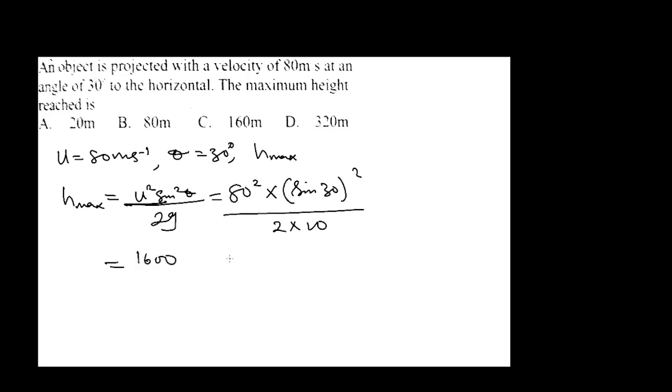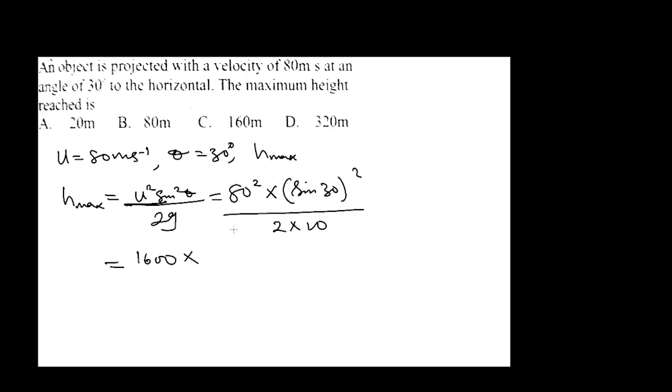So that is 80 times 80, then multiply by sine 30. So please don't make a mistake by squaring 30. So sine square 30 simply means sine 30, the result you have, all square. Do you understand that now? So when you say sine of 30 all square, so what are you going to have? You're going to be having 1 over 2 square, and that will be 1 over 4, right?